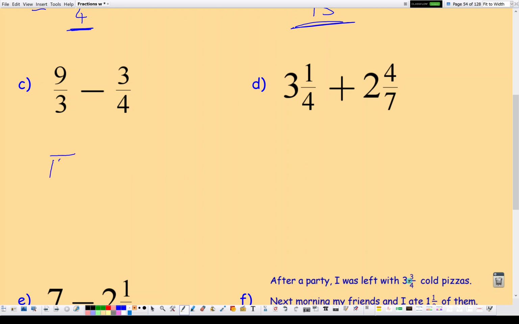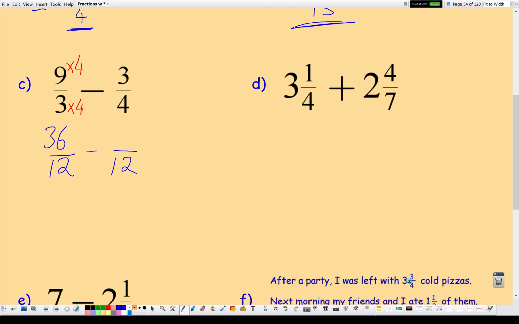So what you're going to do is write 12 on the bottom of both of your fractions, and we're going to see what we had to multiply each one by. This time it's going to be different to get to 12. Now, the first one, we started with a 3 in the bottom, and we know that 3 times 4 is 12. So I have to multiply top and bottom by 4, which gives me 9 times 4 is 36 over 12.